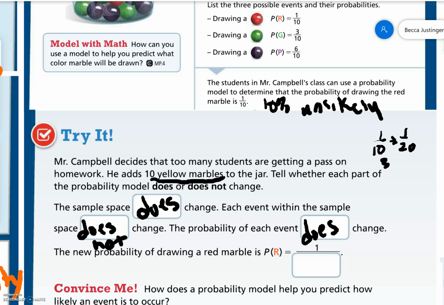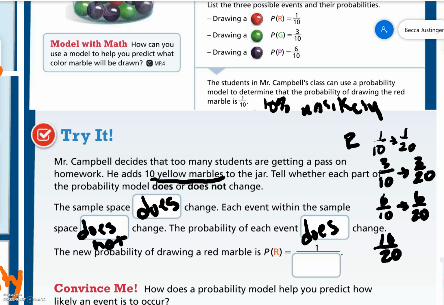The green is now, instead of 3 out of 10, it's 3 out of 20. And purple, instead of 6 out of 10, is now 6 out of 20. And the yellow is 10 out of 20. So this is our red, green, purple, and yellow. So the probability of drawing a red marble, like we just did, is 1 out of 20.